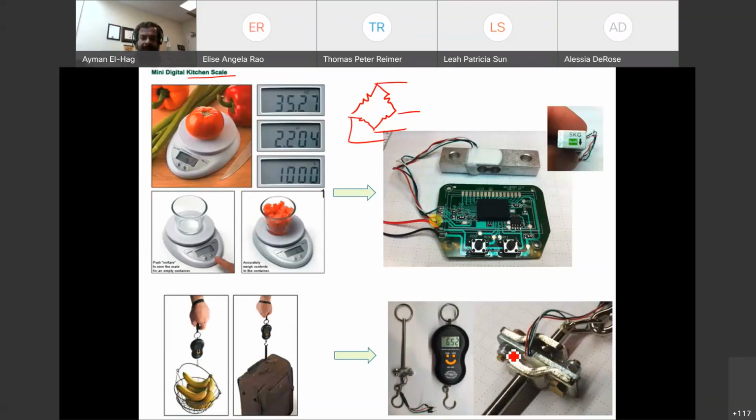You cannot apply with this a compression force. So this is why some load cells are only compression, some of them are only tension, some of them are both, depending on the application. So for this one, I don't have to have a load cell that can sense both tension and compression, because the type of force I will be applying here is only tension forces.